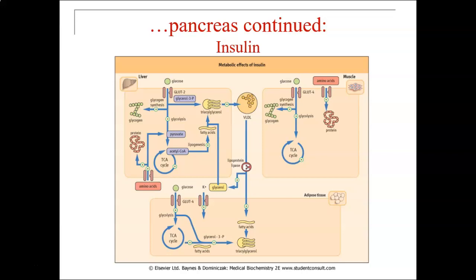glucose can be stored in a significant amount is in adipose tissue, or fat tissue. So you can see the glucose in and of itself is converted into, you see on the slide, whether it's up here or down here, these triacylglycerols. That's just a fancy term, another term for triglyceride.